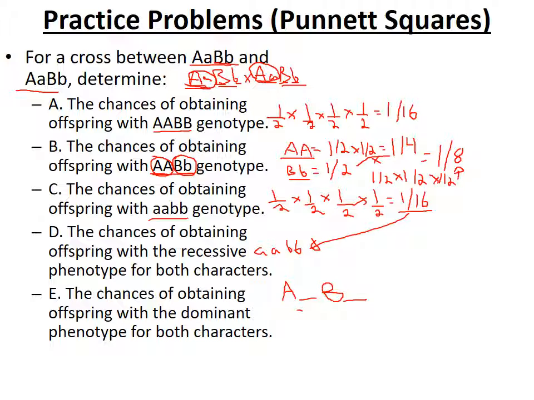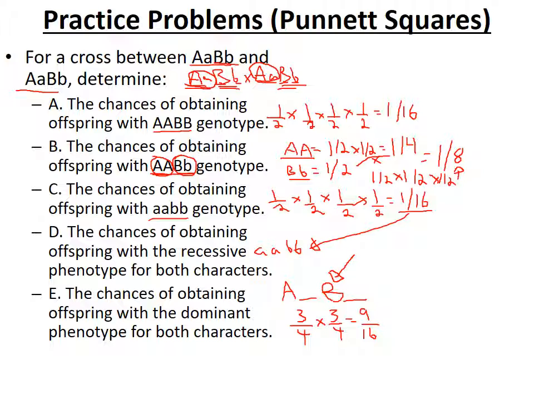So we have 3/4 chances of getting that big A, little a all together. And the chances of getting a big B dominant phenotype, well, another heterozygous cross. That's another 3/4 chance. When you multiply, you get 9/16. So if you treat them individually, then it's very easy to do.